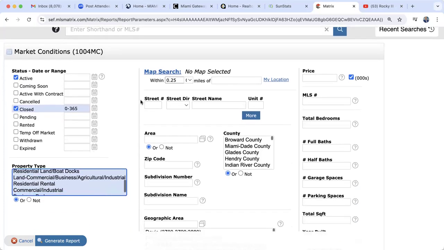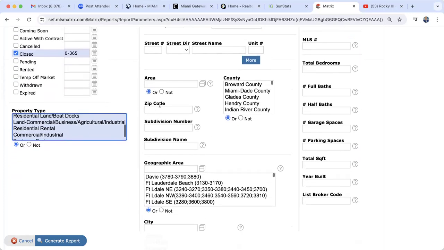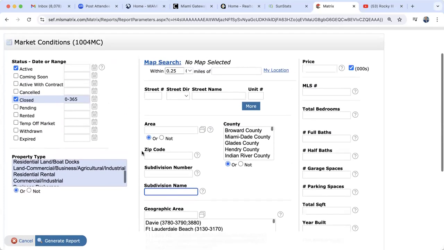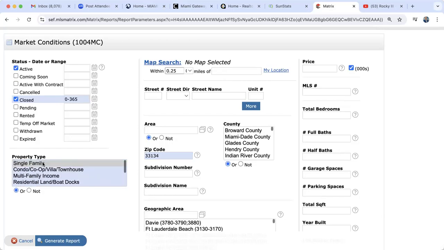And now guys, you can use the map to draw a specific area, or you can use a zip code. You can use a subdivision name, or you can use an entire city. So I'm going to go with a zip code. Let's go with zip code 33134, which is one of the zip codes in Coral Gables. All right. Now it's going to be for what? Single family home.